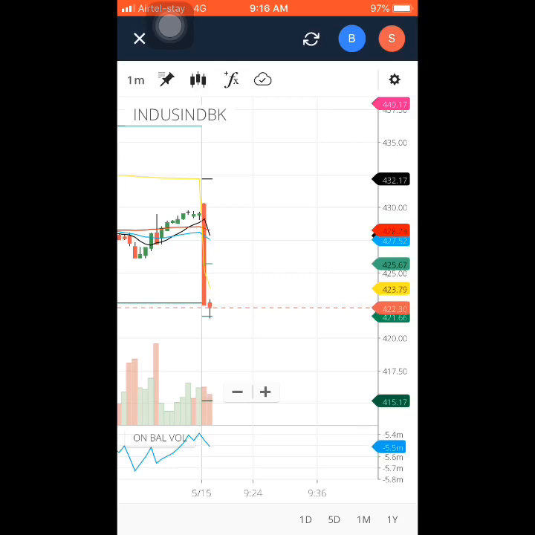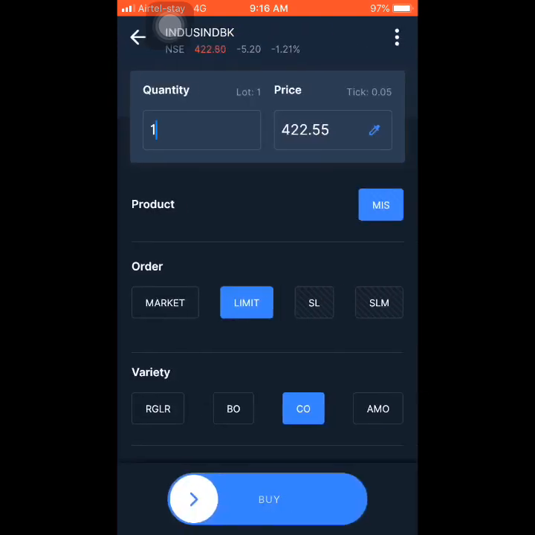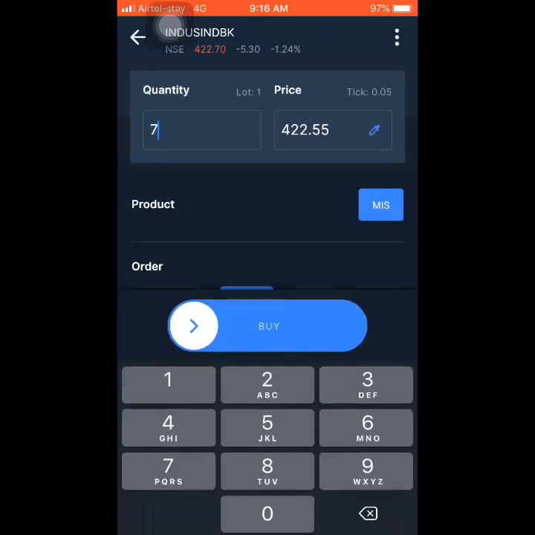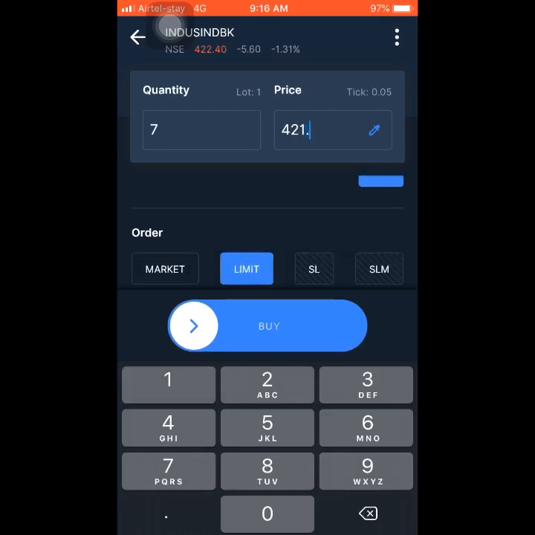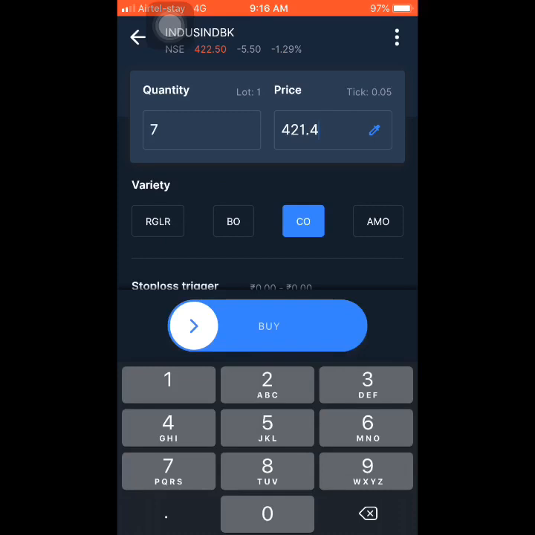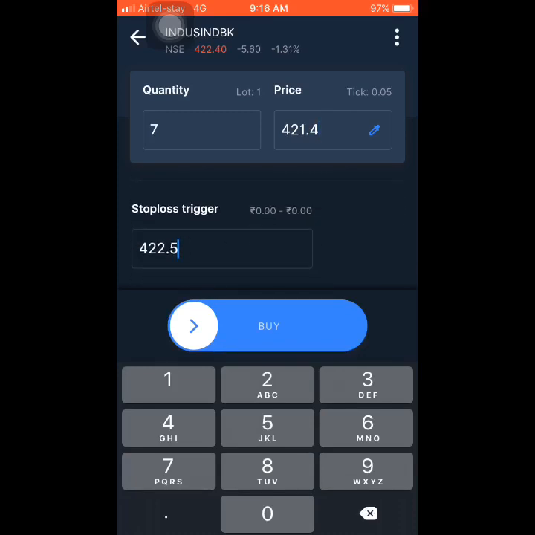Okay, I'm going to take a buying position. 7 quantity. Stop loss of 420. And it's a cover order, guys.